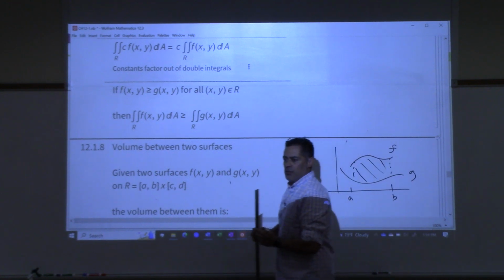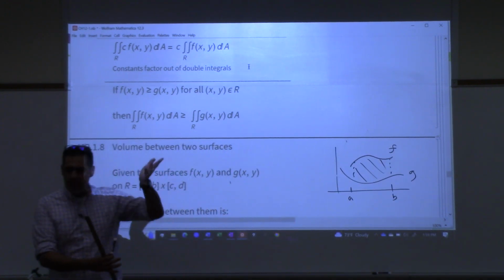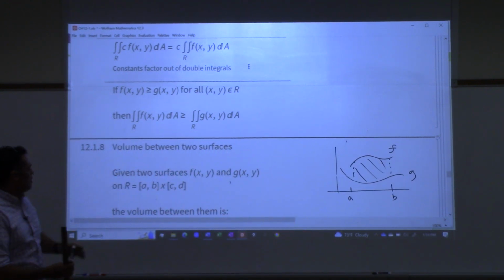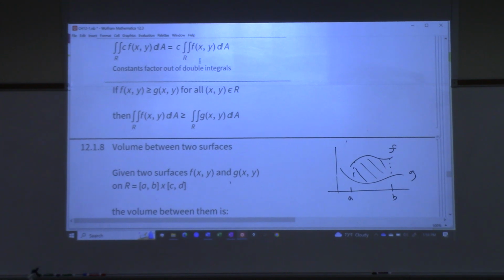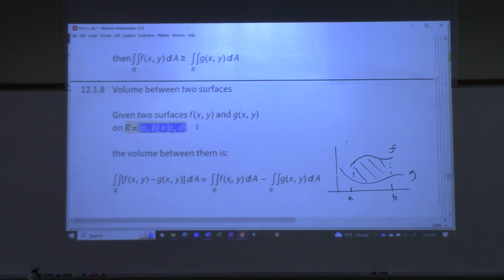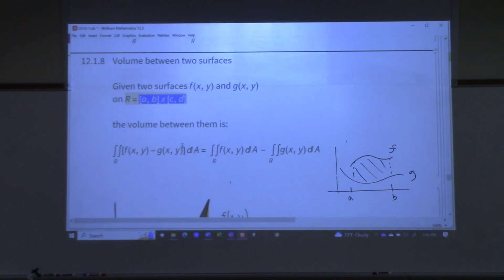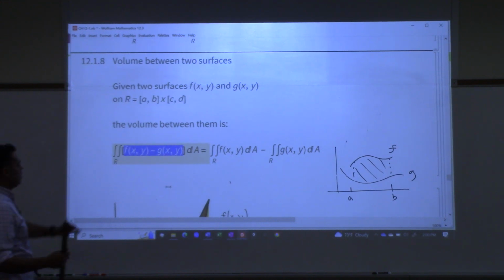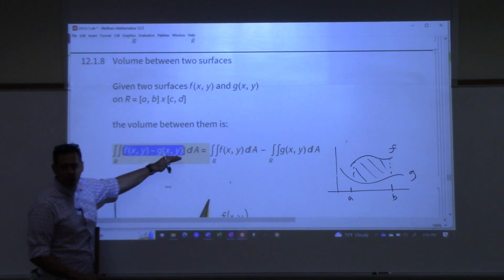Then all you have to do is subtract the bottom one from the top one. And that's exactly what this note says. If you're given two surfaces, f of x y and g of x y, over a rectangle, then the volume between them is this. You just take the top surface and subtract the bottom surface.